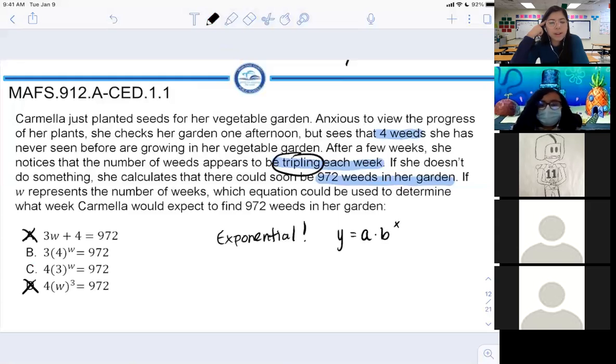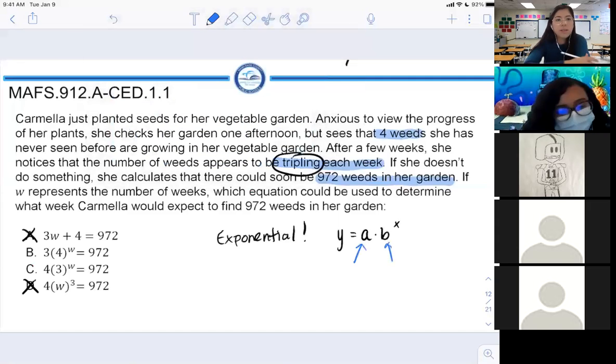And then let's think about it. You guys remember we reviewed this recently. For exponential functions, what does the a represent and what does the b represent? Which one's the growth rate? The a or the b? I think it's the a.